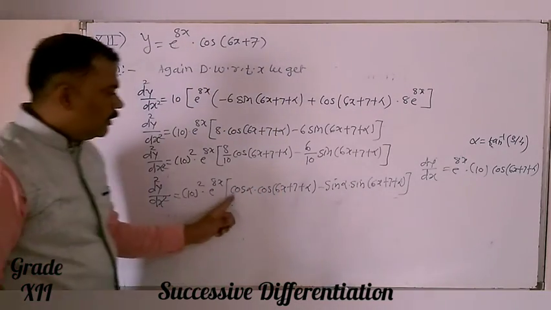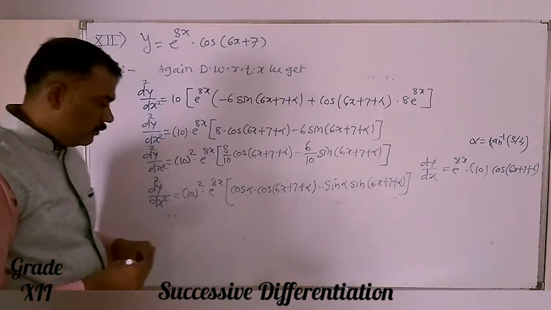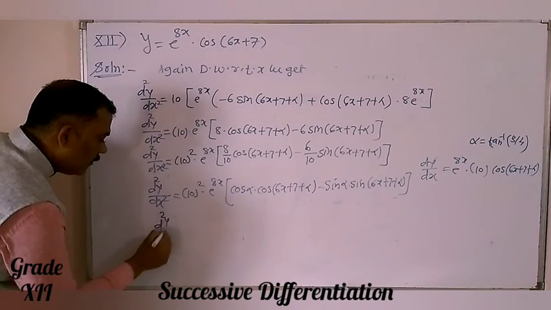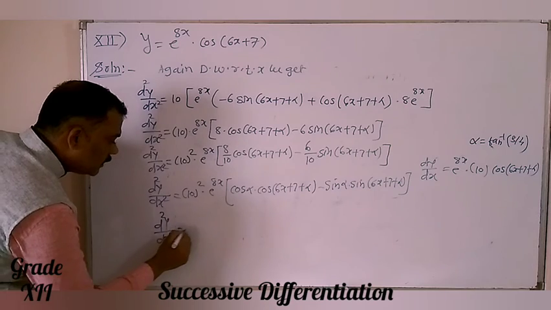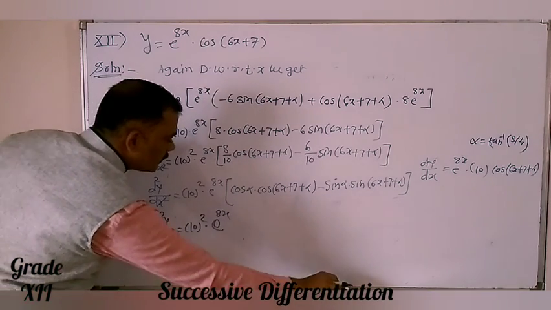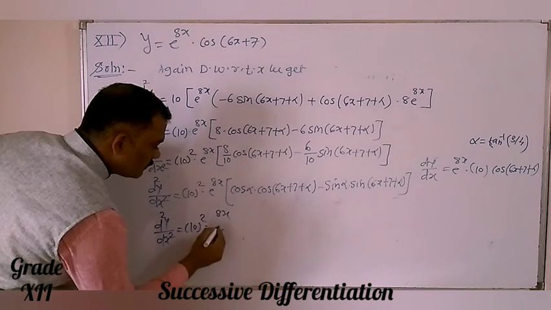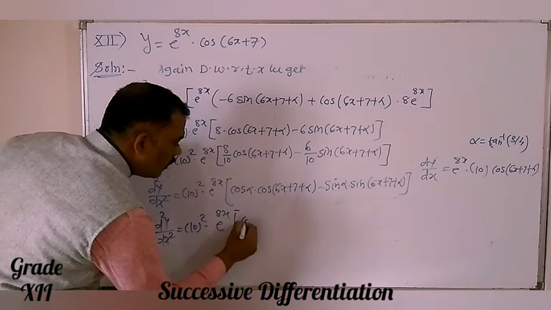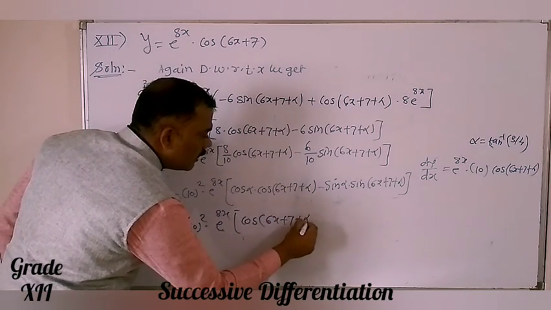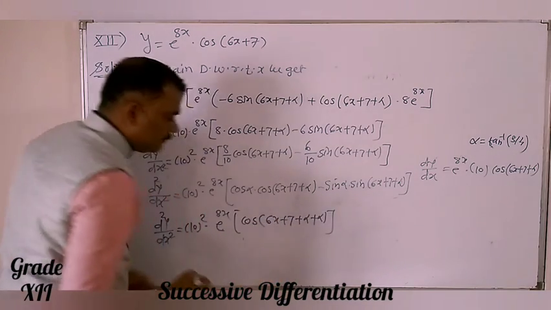So by using the cos-sin formula, we get d2y by dx square is equal to 10 square into e raised to 8x into cos of 6x plus 7 plus alpha plus alpha.